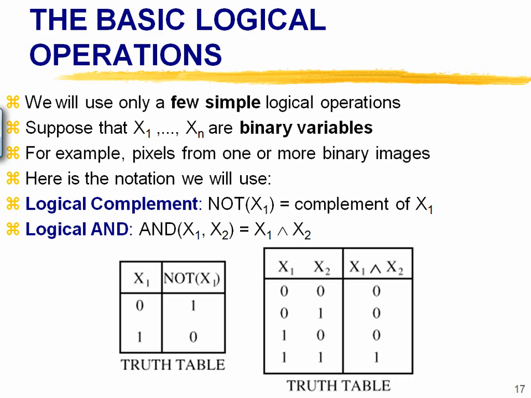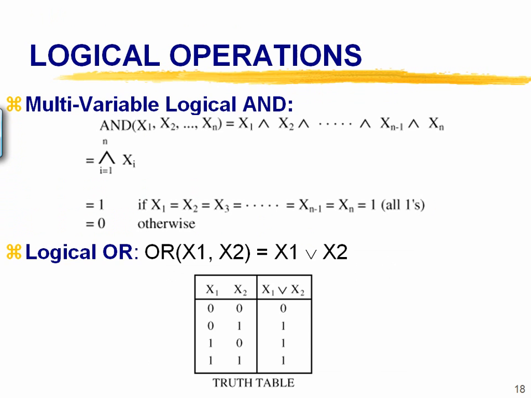We can work with a logical AND, which can take two images and AND them together, and everyone knows what a truth table would look like for an AND operation, especially in the context where we're only dealing with ones and zeros. So if you have two images for which each pixel is, let's say, 0, then the result of an AND operation is also going to be 0. If both the pixels in the two images are 1, the result is going to be 1, otherwise your result is a 0.